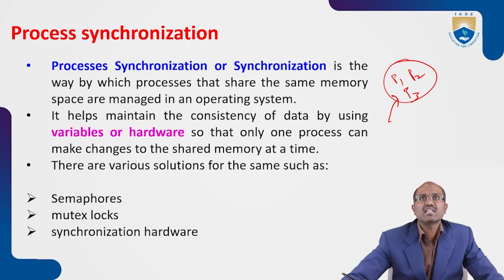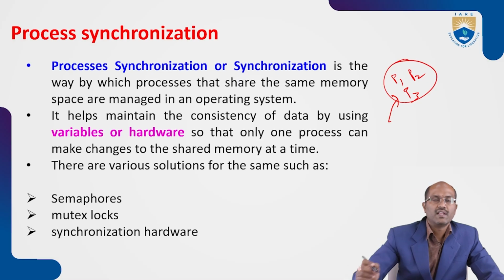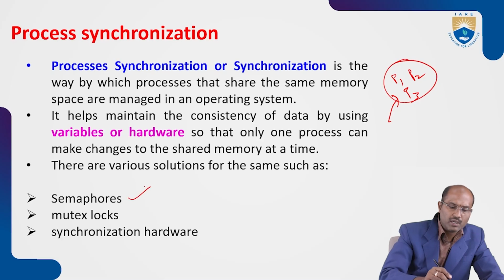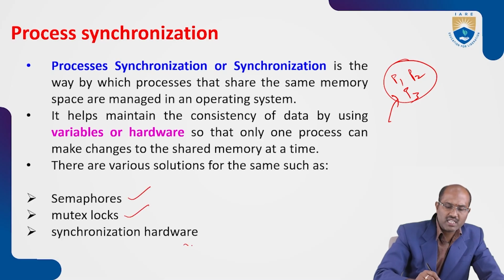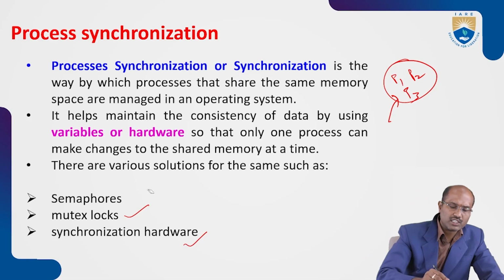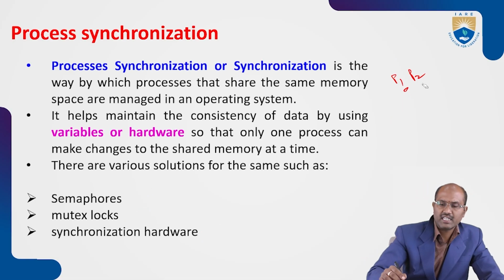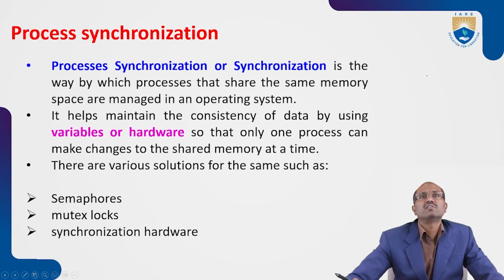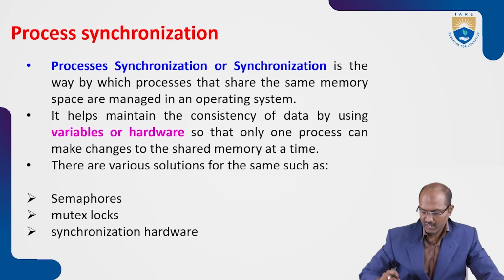There are various solutions to control process synchronization, such as semaphores, mutex locks, and synchronization of the hardware. While process synchronization happens, we have to make a solution for that synchronization. To make that solution, we use either semaphores, mutual exclusion, or synchronization of the hardware.